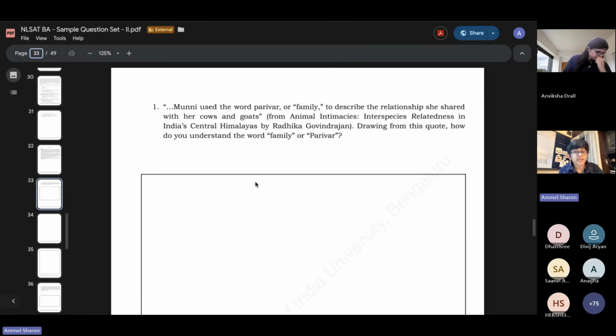So you might want to consider this and tell your reader the commonsensical idea is something, and we already have different instances, and then provide maybe your own perspective on what you think about family today. And then maybe you want to make a second point about what you think the relationship between humans and animals is in the context of this question.